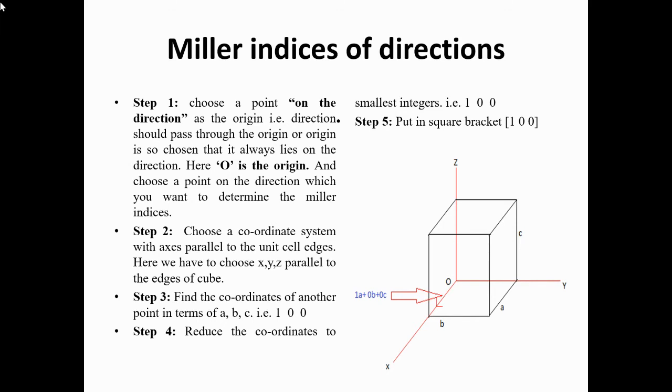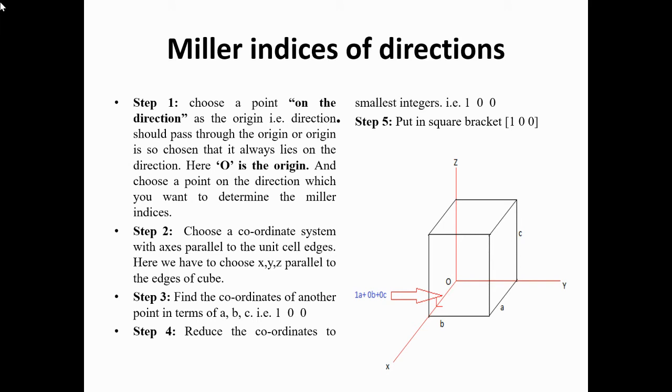That means the direction should pass through the origin, or the origin is chosen so that it always lies on the direction. Okay, here as the direction is given, we choose an origin point, that is O. O lies on the direction that is given. Okay, so O is the origin.